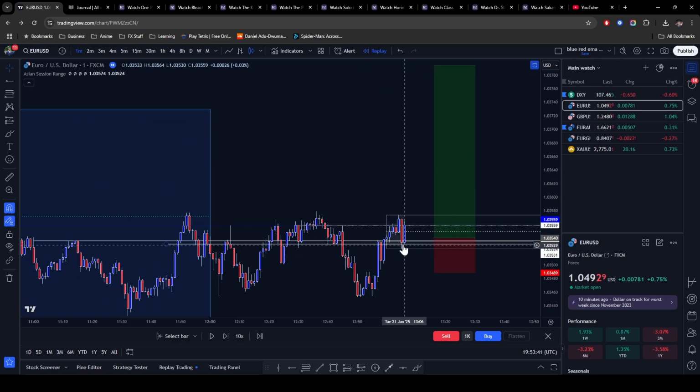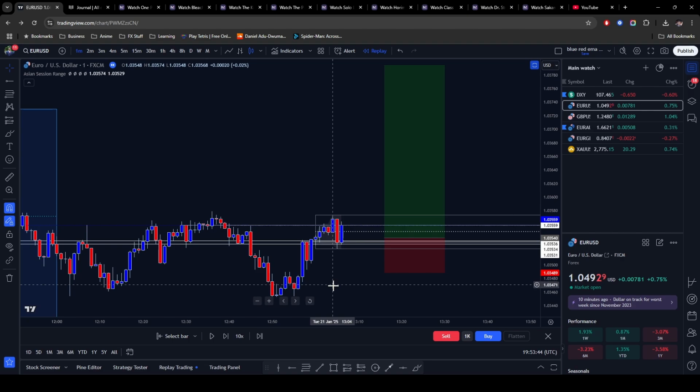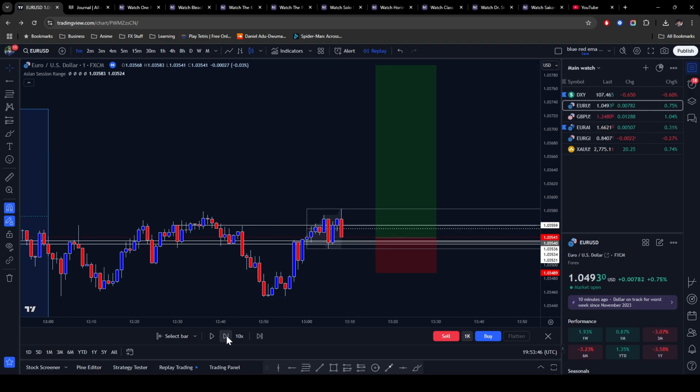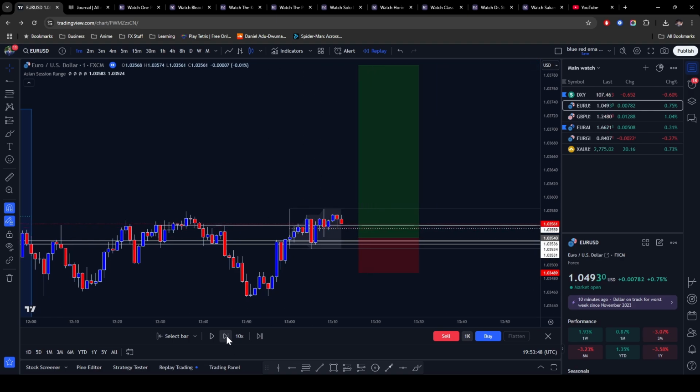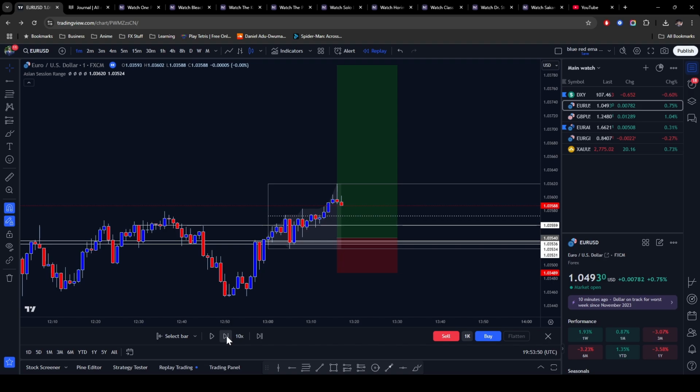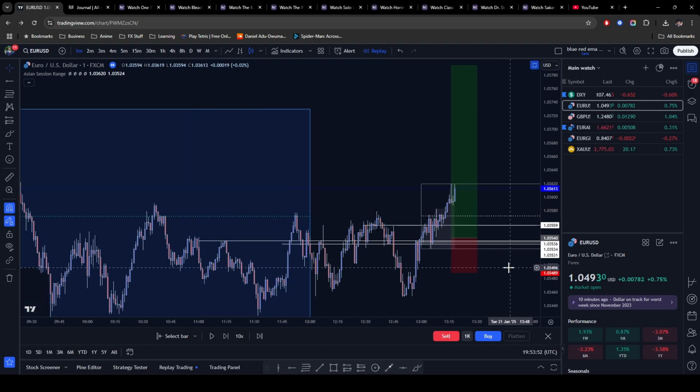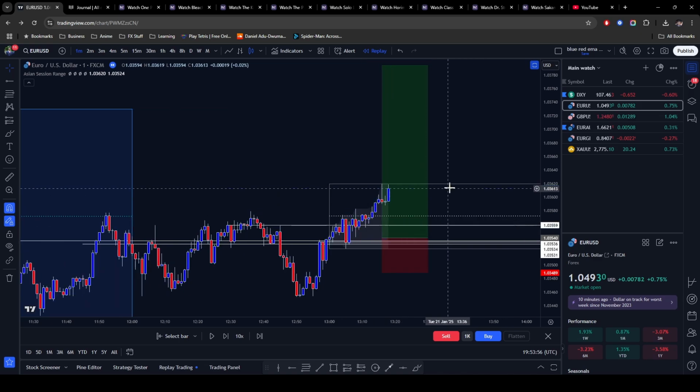So this trade right here, I entered here, and then just saw how price played out. When price gets a semi-significant way away from my entry, with all these little lows being formed here, I would protect my stop loss at this time.